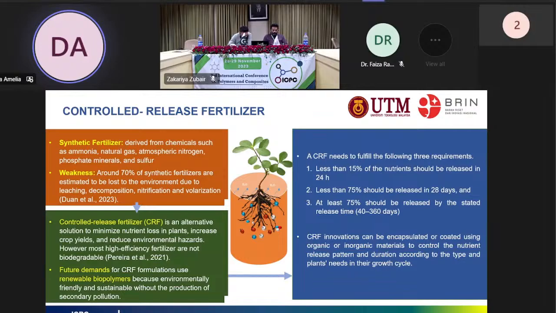And the third, at least 75% should be released by the stated release time, like 40 until 360 days. And CRF innovation can be encapsulation or coating using organic or inorganic material to control the nutrient release pattern and duration according to the type and the need of the plant in its growth cycle.